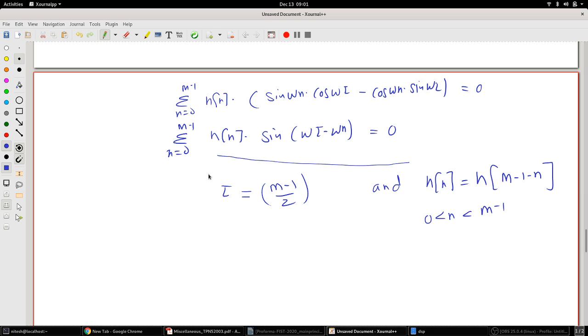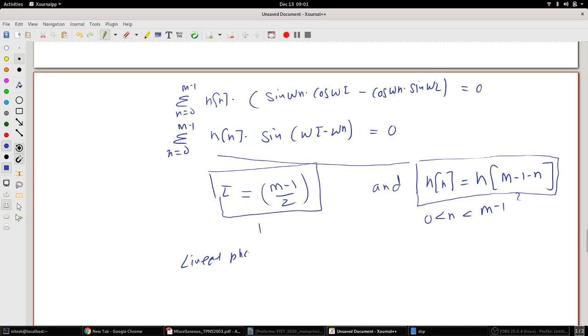So these are the two requirements that you get. This is the first one, this is the second one. So these are the two conditions for which the filter has a linear phase.